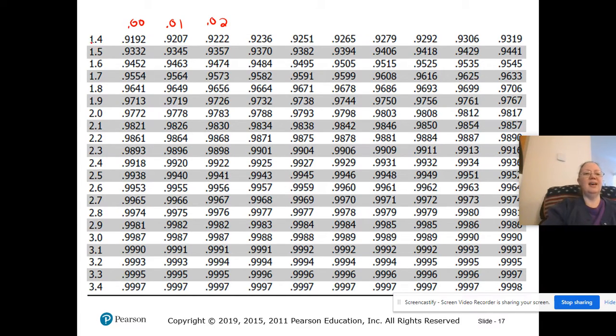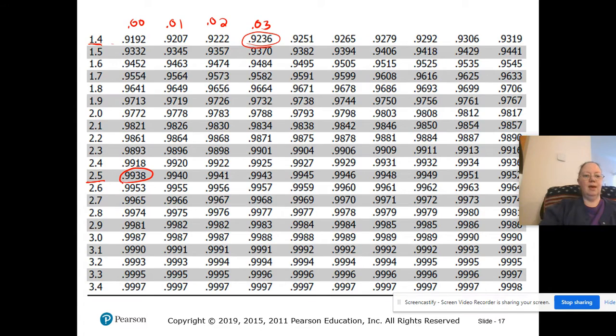So this is my 1.4 row, and if I needed 1.43, I would look at this number right here. Our z-score was 2.50, so here's my 2.5 and here's my 0.